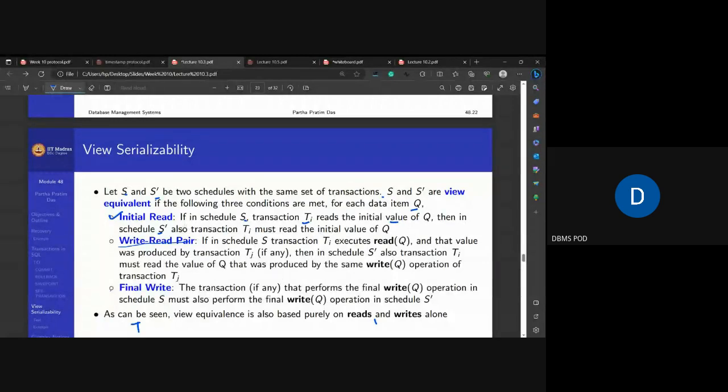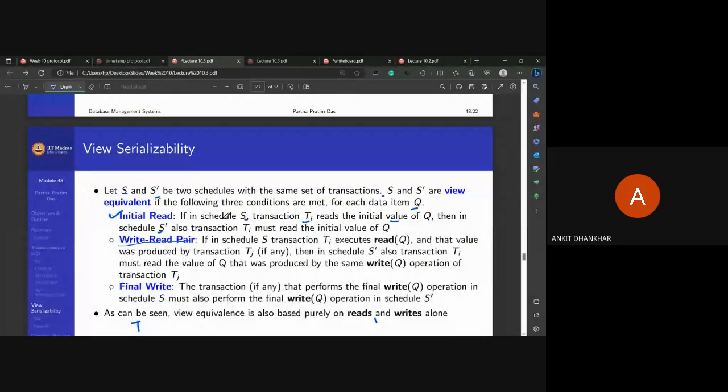For the initial read also, we can see that variable wise. In the last example, we have only variable Z being read in T5, but we don't have a read occurring for Y before we are writing to it, so that is not considered.